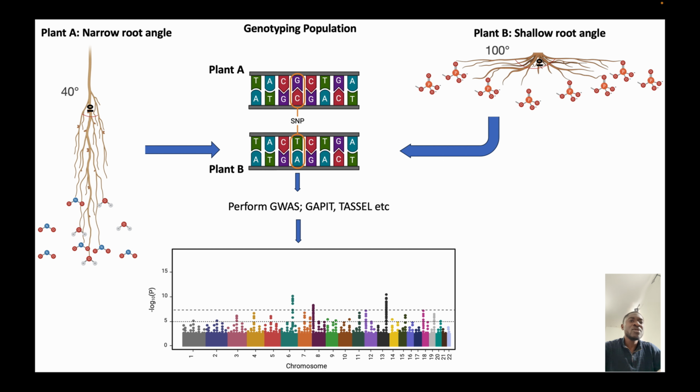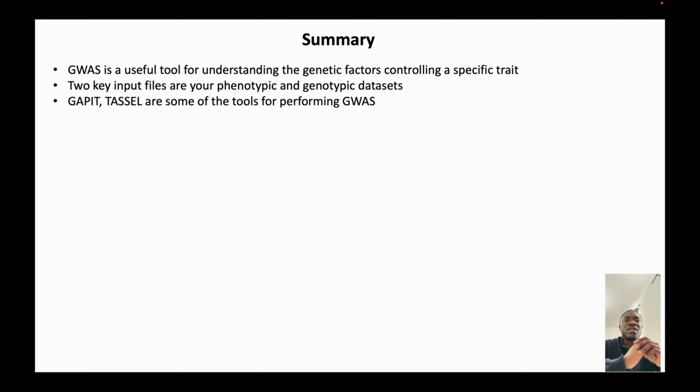So in summary, GWAS allows you to understand the genetic factors that are controlling your trait. To perform your GWAS, the key input files you would need are your phenotypic and your genotypic data sets. And then to perform your GWAS, you would need tools like Tassel and GAPIT. There are a number of other tools that you may also want to use.